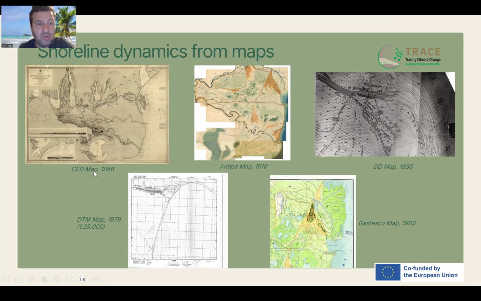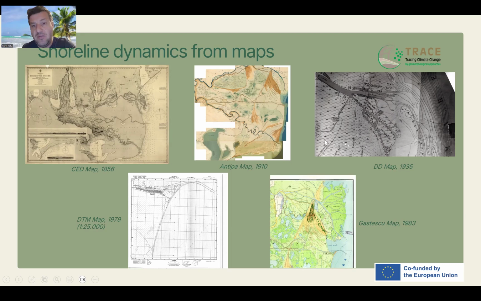And the first map you see was made by the European Commission of the Danube in 1856. So it has more than 170 years. And of course, if we georeference it very well, we can track the shoreline. So basically we can have an information about the position of the shoreline 170 years ago.